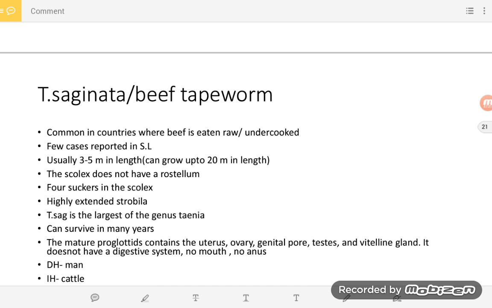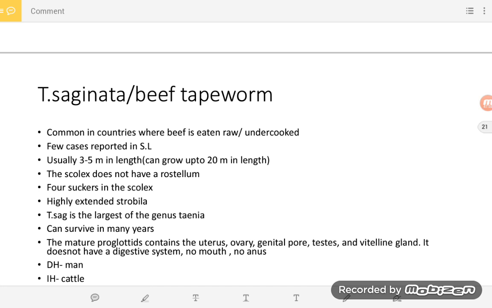There are many species under the genus Taenia, and we are learning Taenia solium and Taenia saginata, but when we consider all of them, Taenia saginata is the largest. Another thing is that Taenia saginata can survive many years.